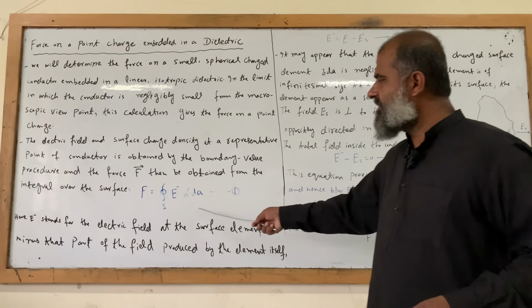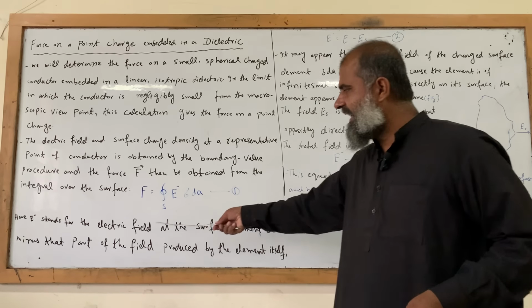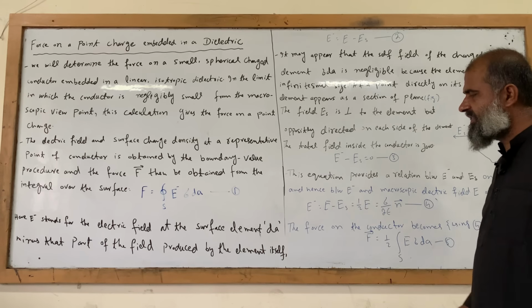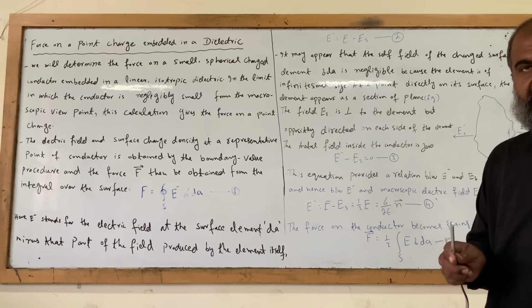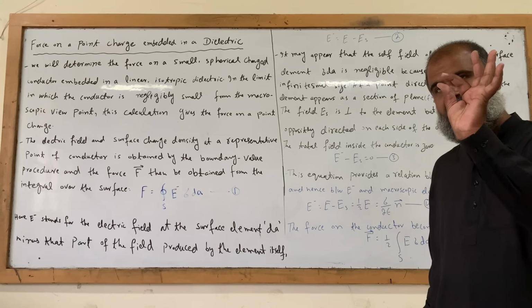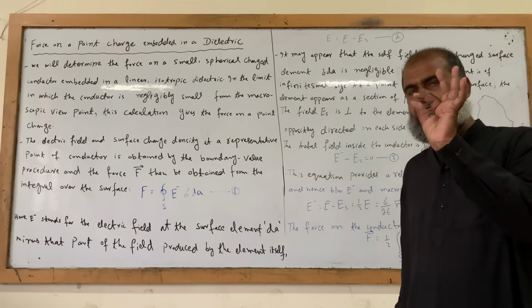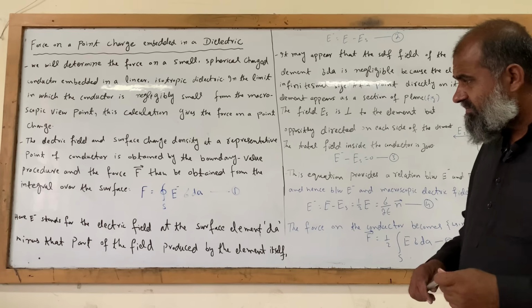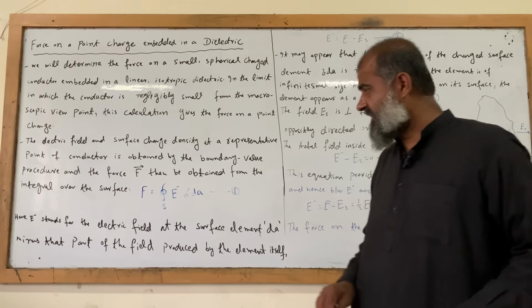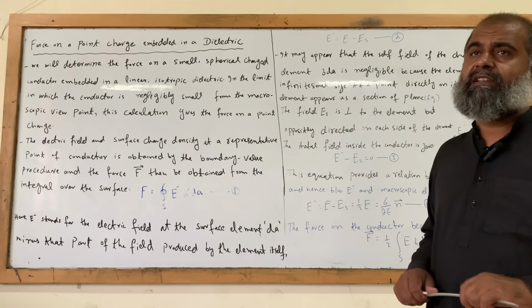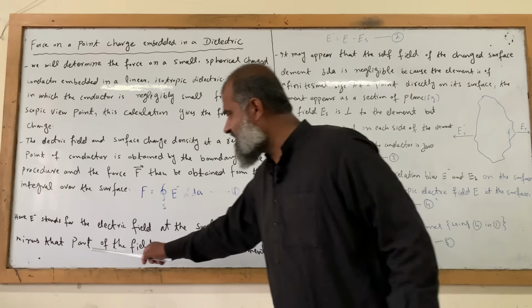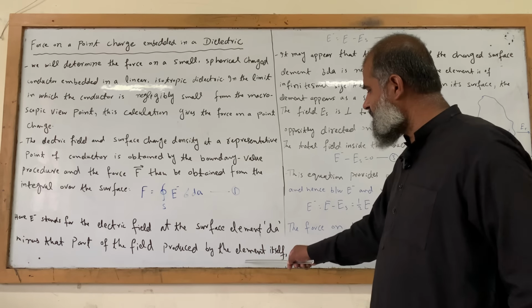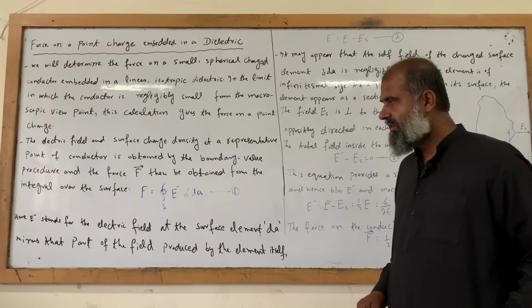Here E prime stands for the electric field at the surface element dA. Means on the dielectric you have considered a small surface area dA. So this E prime is the electric field at that surface area dA minus that part of the field produced by the element itself.